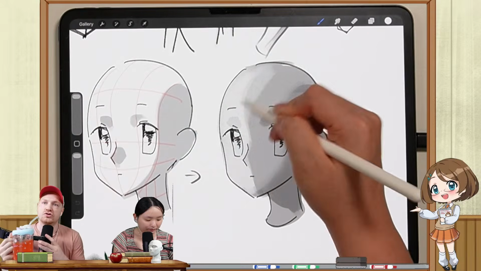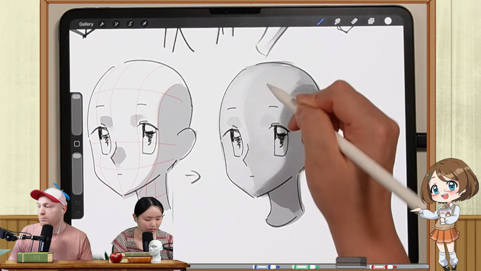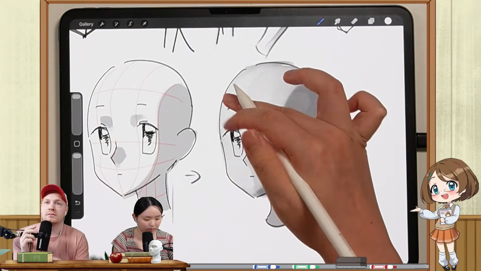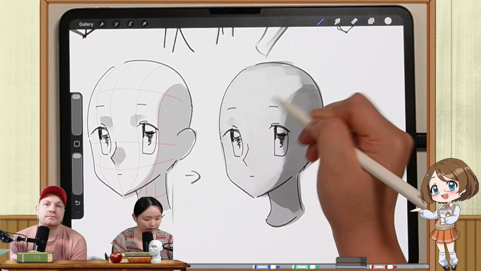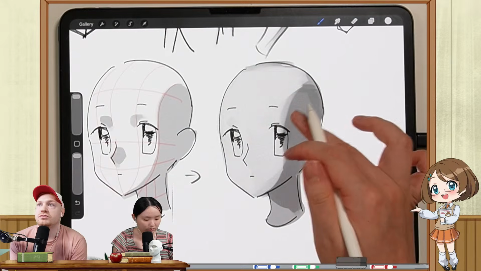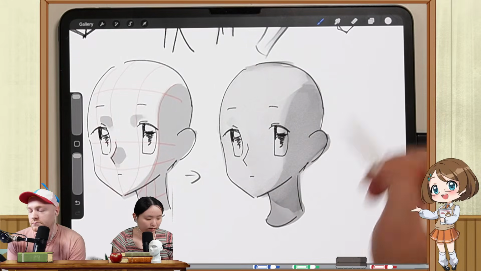Actually, let me just make this a little bit clearer, because I really want there to be light and dark. But maybe I will make the forms a little bit more complex. So this is like stylization.